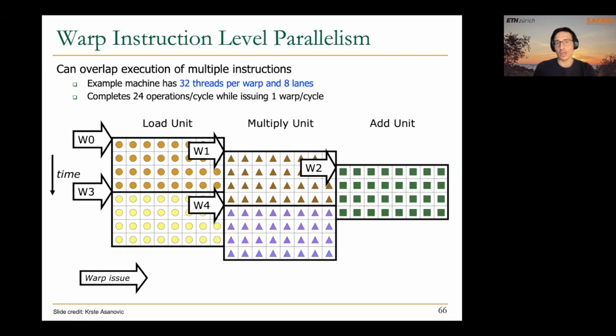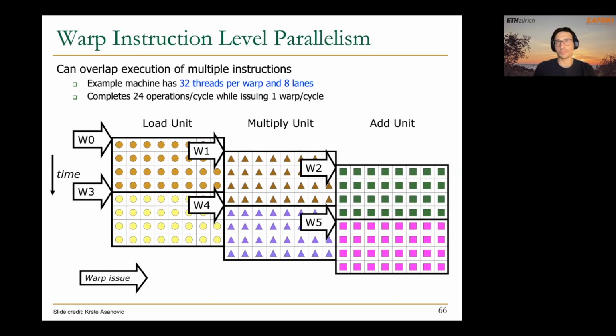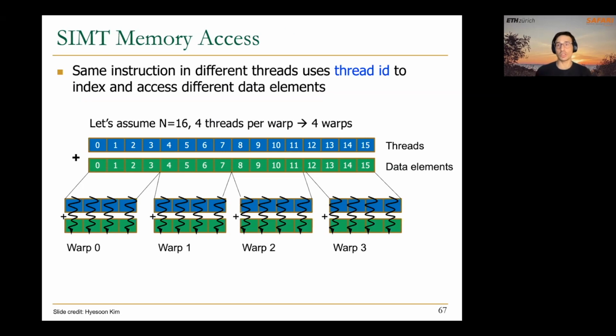But now the point is, if I'm going to program these warps by using threads, and I'm going to have a single program, because I'm using the single program multiple data programming model, how should I refer to the data elements that we have to access from memory and operate on?